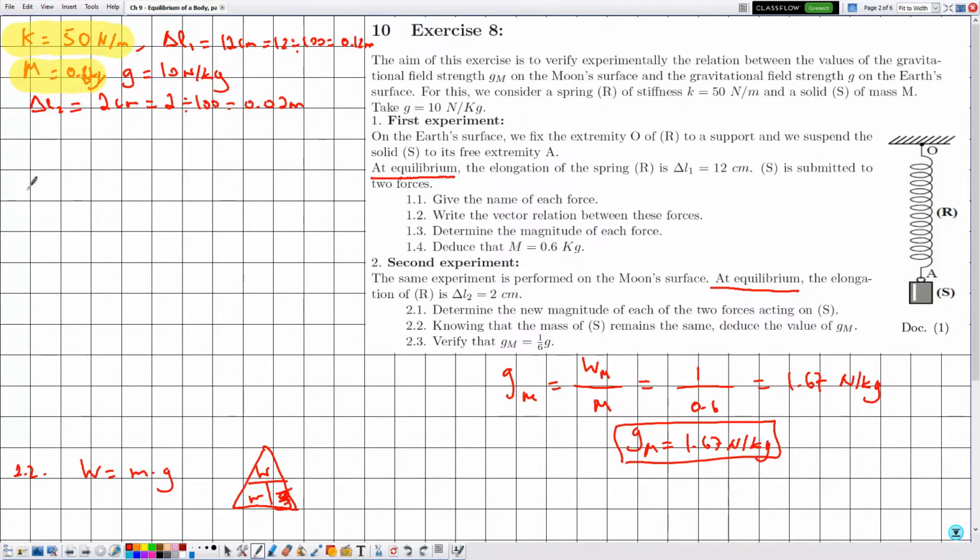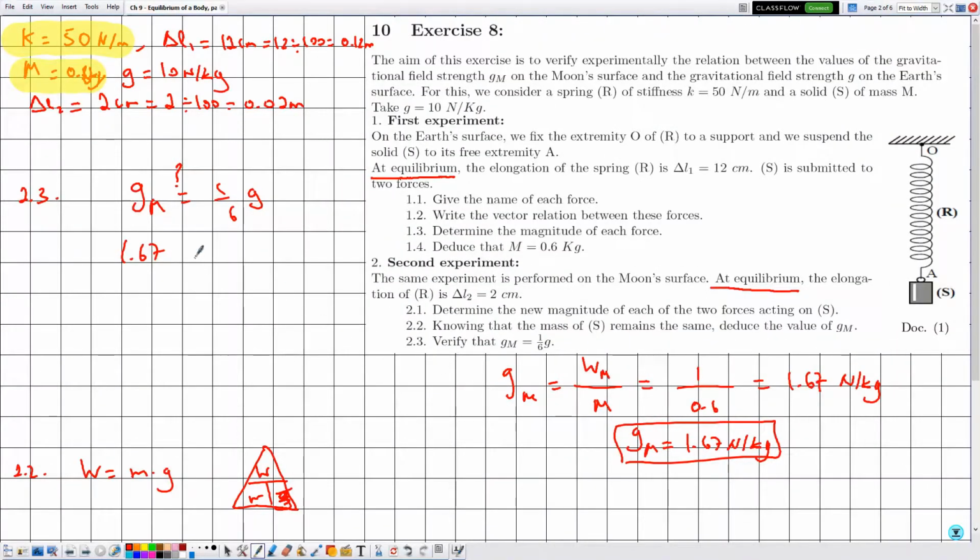In 2.3 they are asking us to verify the following relation. And since this relation is to be verified, we don't know if this relation is true. Now the value of Gm is given by 1.67 as calculated here.